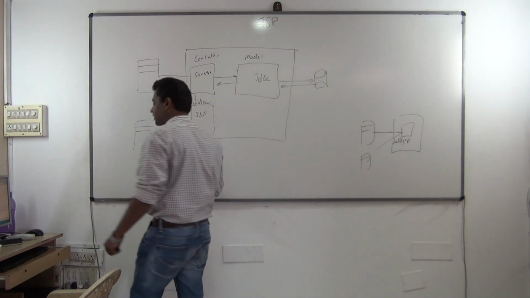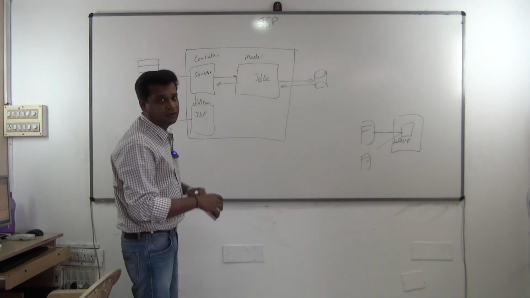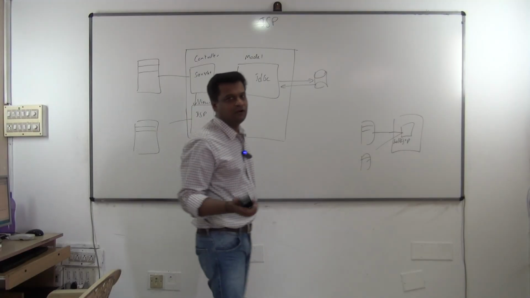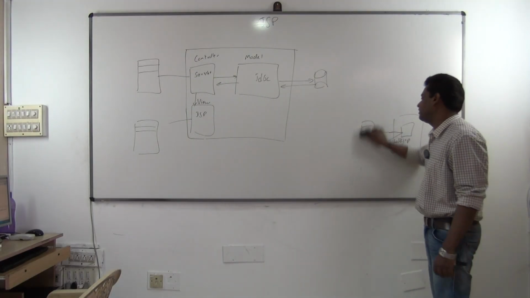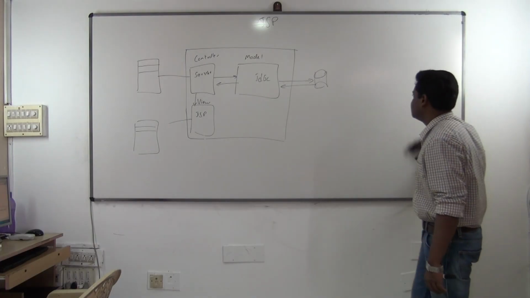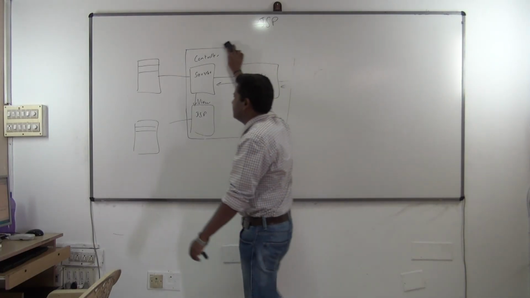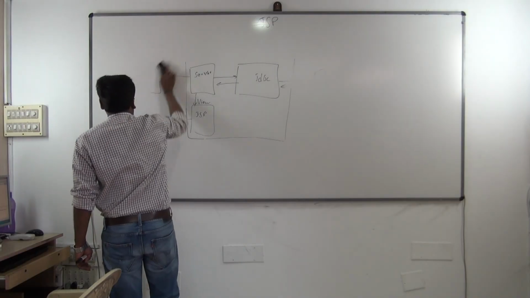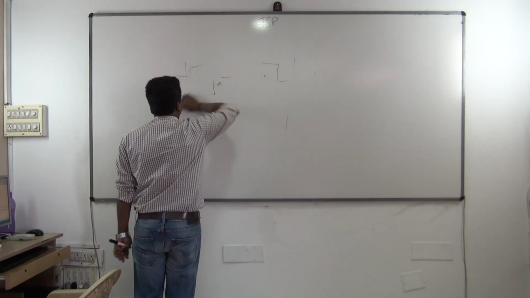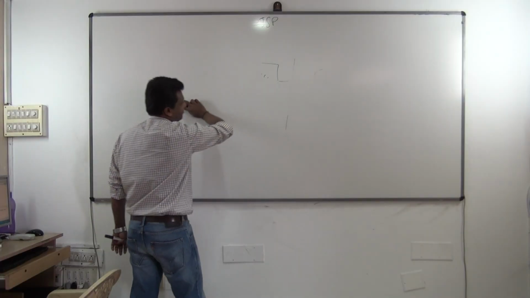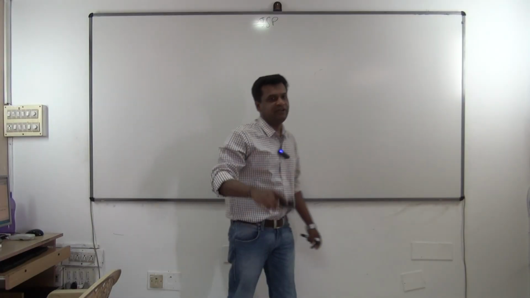Clear? Because until and unless you know what JSP is, how will you use it in your project? It will not be possible. So always study it individually first. Then once you get the grip of it, you can start using it in applications or developing projects. See, one thing you understand here: in Java you have so many technologies like this. This is the art of learning, this is the way you have to learn.